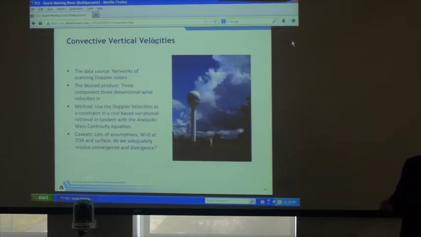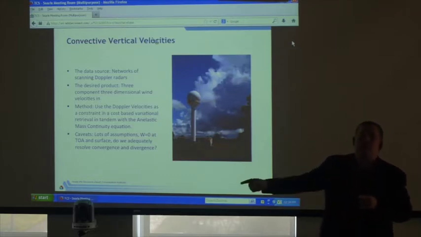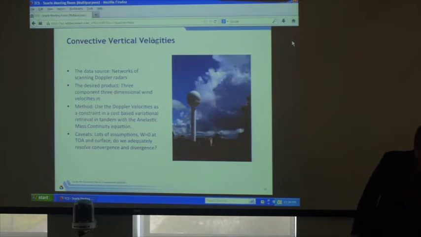One of the other retrievals we can do from our radars, you saw with the birds, I showed you radial velocity, right? So we have two or more radars. What we can do is use these radial velocities as constraints in a retrieval of U, V, and W. So the meridional, the X component, Y component, and Z component of the wind speed here.